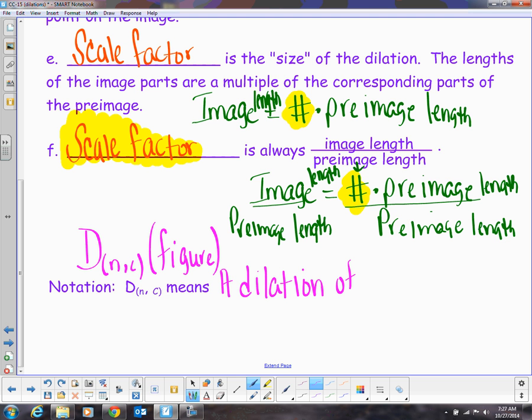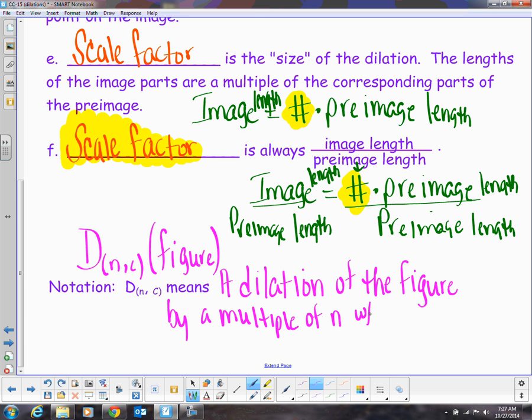A dilation of the figure by a multiple of n with respect to center C.